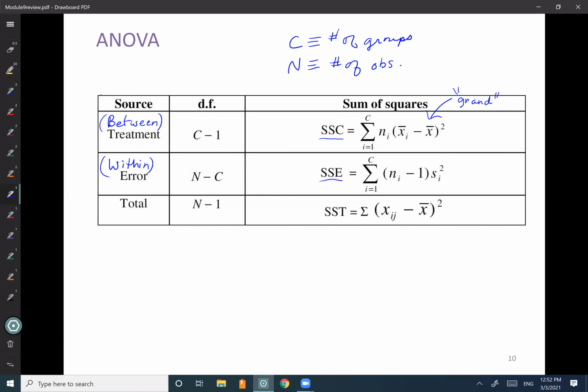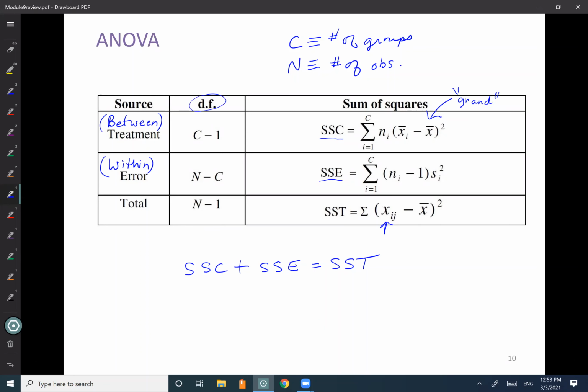Both of those added up, SSC plus SSE, the sum of squares for the groups plus the sum of squares for the error, equals the total, SST. T is for total, which is the sum of each observation minus the global or grand mean, squared. And each of these variabilities has an associated degrees of freedom.